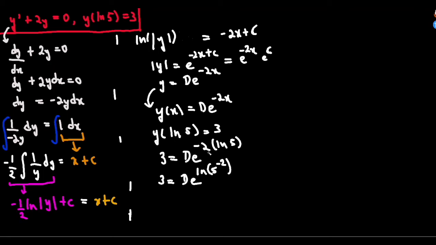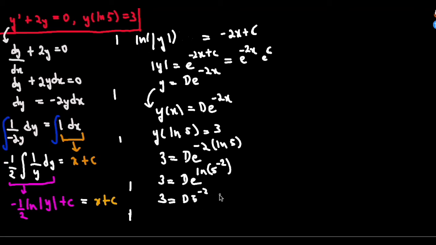It's another rule of exponents and logarithms; this is the same as writing this. Now e to the natural log of something is just the thing itself. So that's d times 5 to the minus 2.